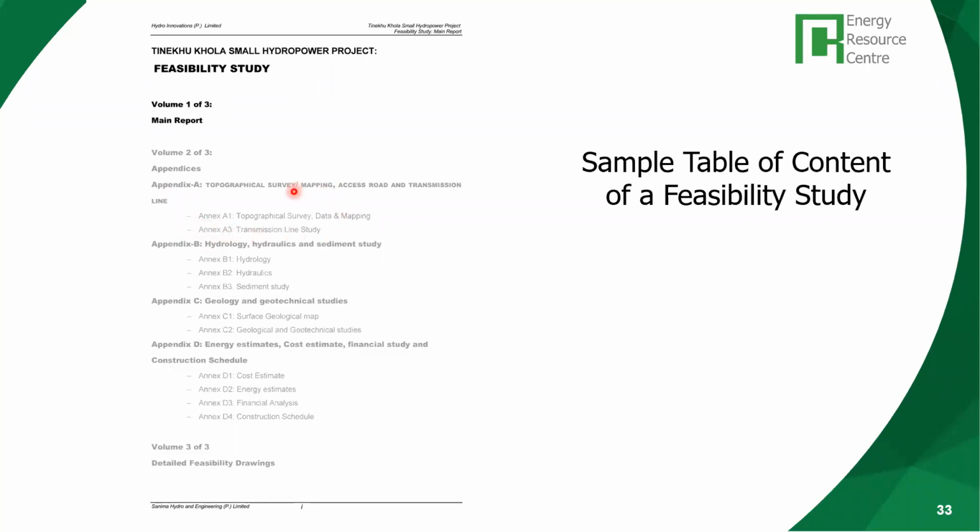Basically, because the hydropower project will be spread over a large area, you need to do, like I mentioned, a 1 in 250,000 scale topographical map is big, so it cannot really meet the requirement of a hydropower project feasibility study.